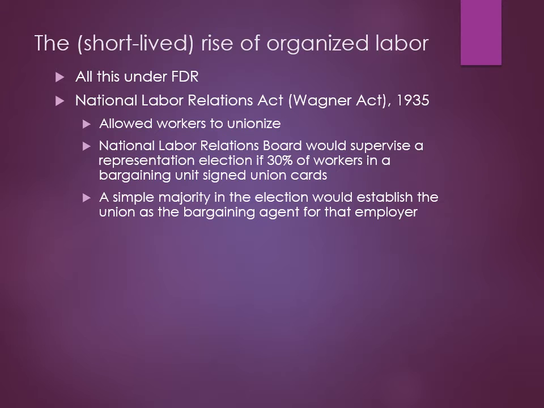And if 30% of workers in a bargaining unit signed union cards, in other words, they signed a card that said, we would like blank to represent us as a union, maybe the United Auto Workers or the United Mine Workers or whatever, then there would be an election.